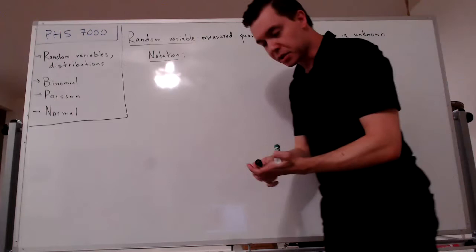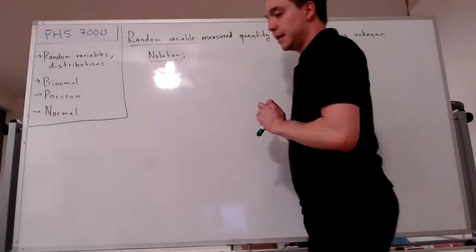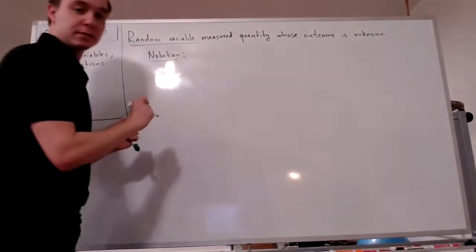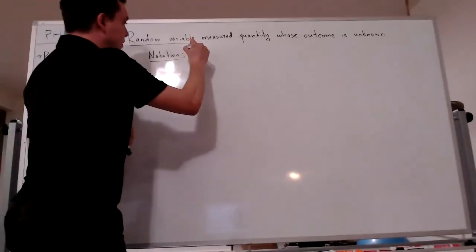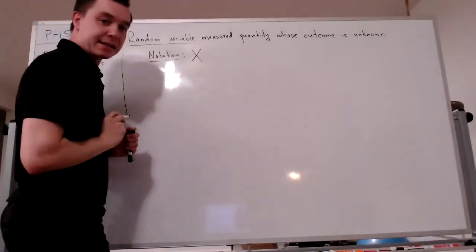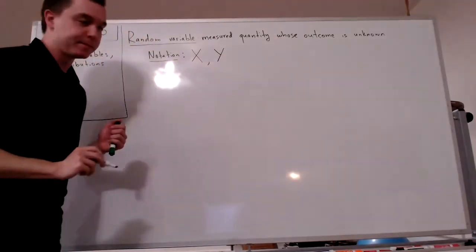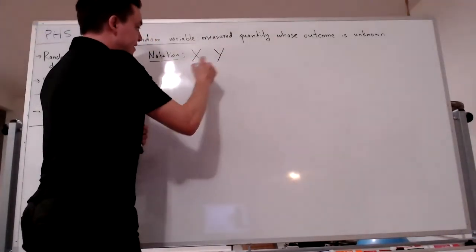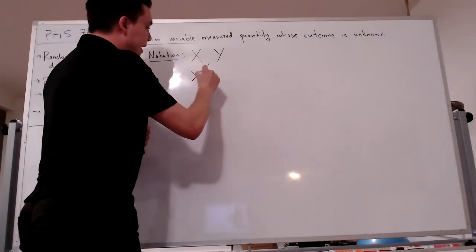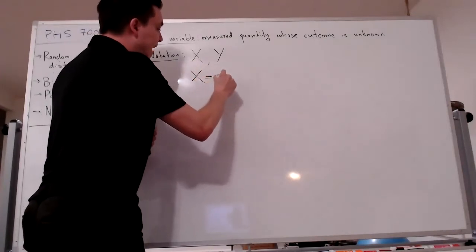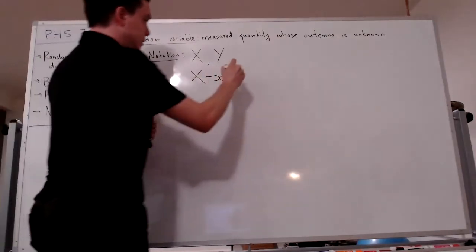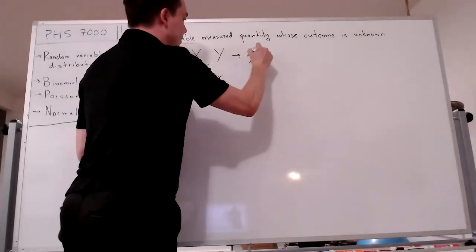All right, a bit of notation. Our generic random variable is going to be like a capital X, or in theory, it could be like a capital Y. Something like that. This is the generic variable.